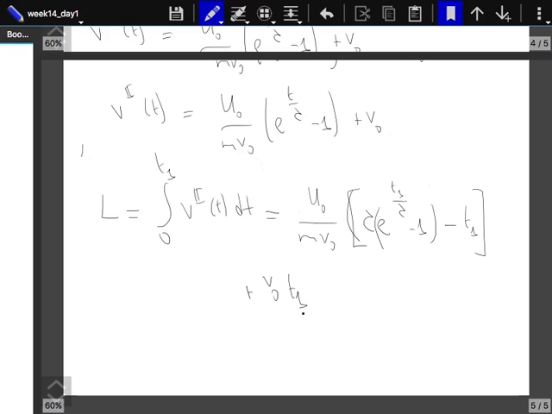This is the equation that gives T1 in terms of L. And then, if you want to evaluate whatever you want to evaluate, you can just go ahead and evaluate it.